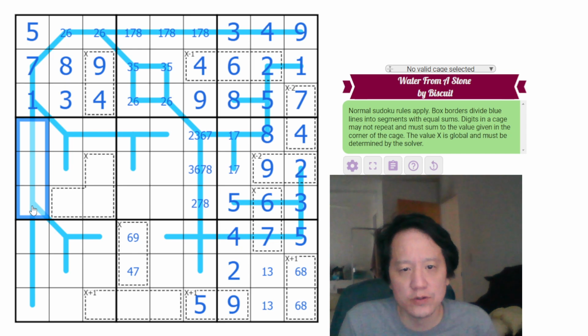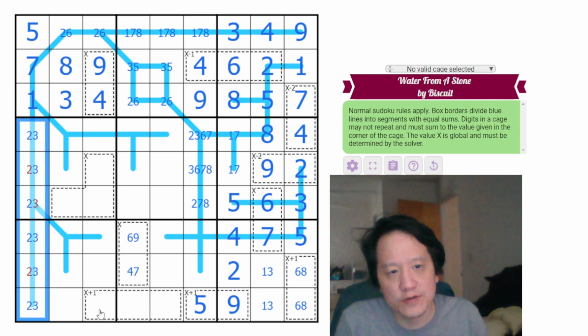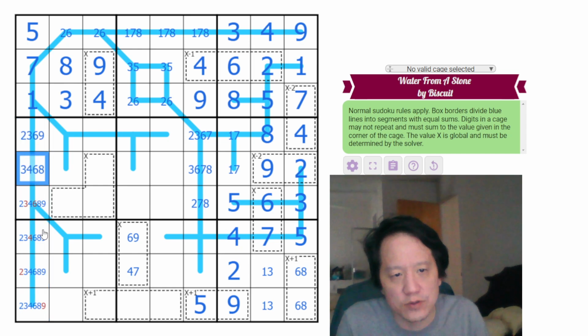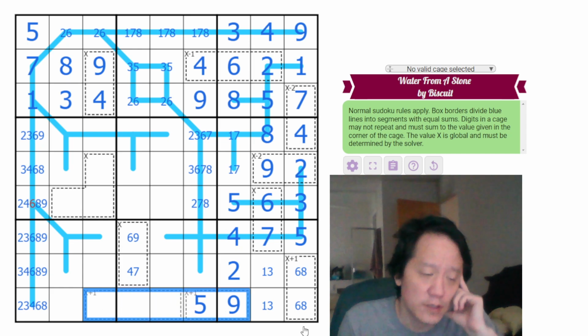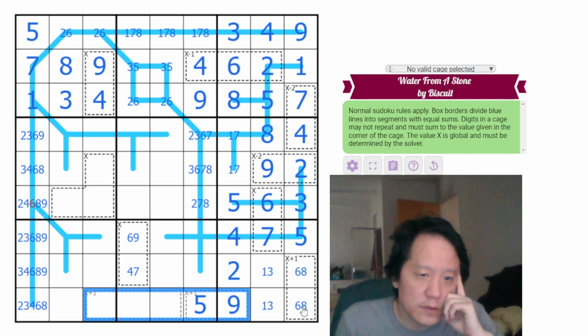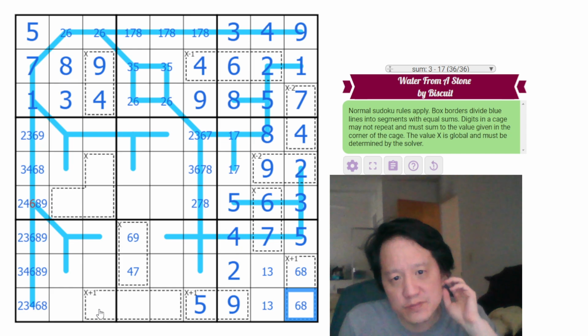Okay, so this is 2, 3, 4, 6, 8, 9. No 4 or 8, no 2 or 9, no 3, no 4, no 2, no 9. So this is 14, this is 14. Does that really tell us much? This is 28. This is 34 at least. But that doesn't really tell us very much.